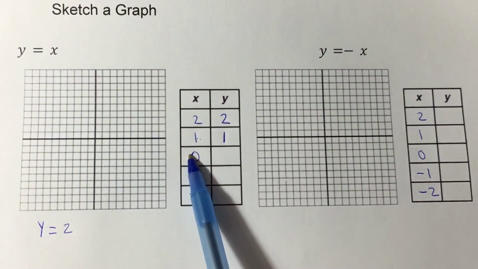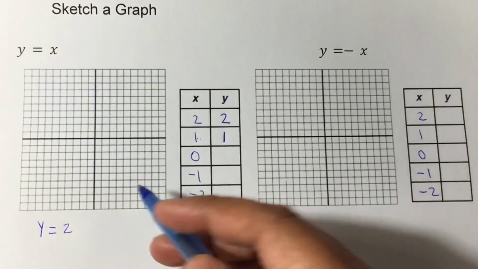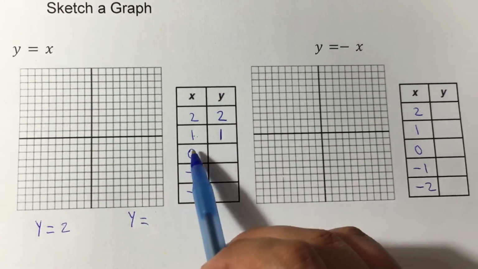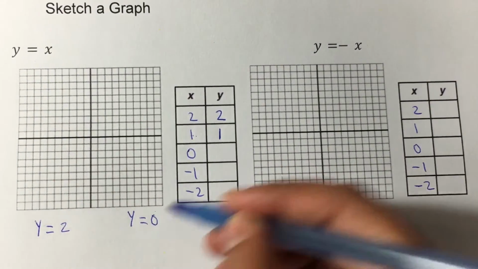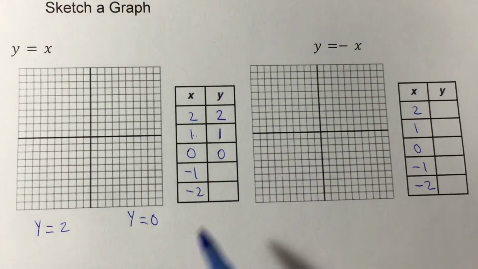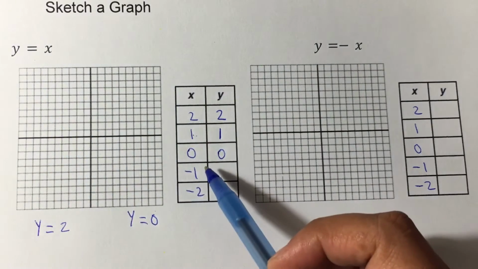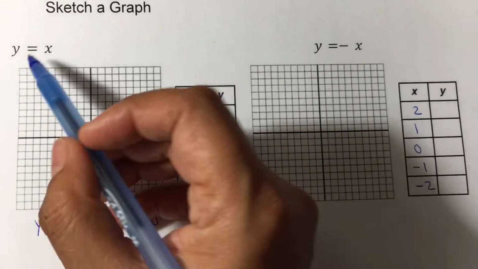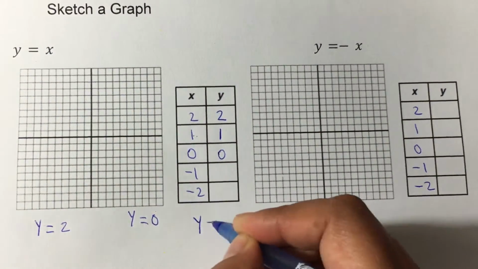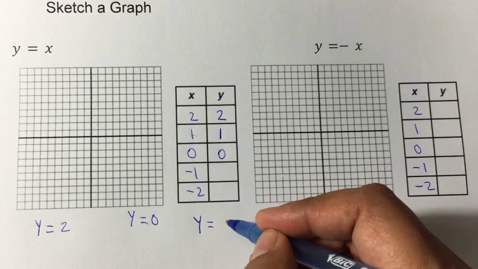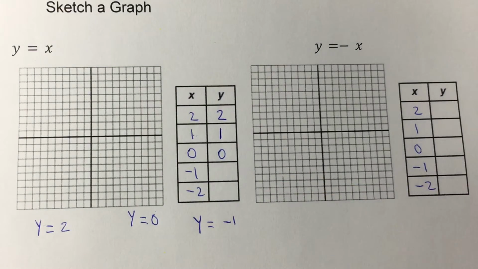If x is 0, we take away the x and in its place put 0, so y equals 0. Same for the next one. To find the value of y when x is -1, we just substitute, take away the x and put its value in its place, and it's -1.